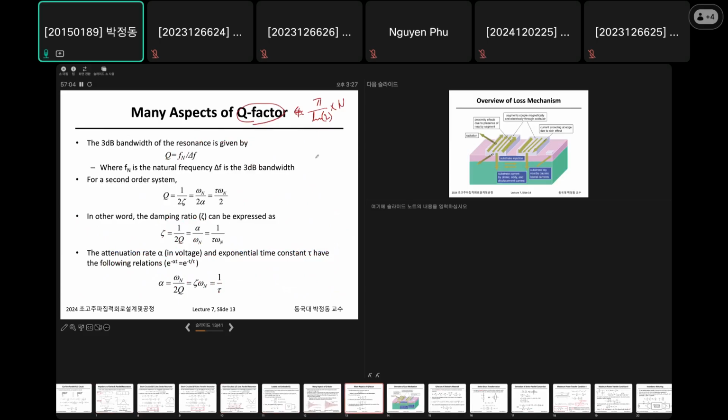And as we observed, based on the series and parallel network, the quality factor is exactly 1 over the fractional bandwidth. This is fine.